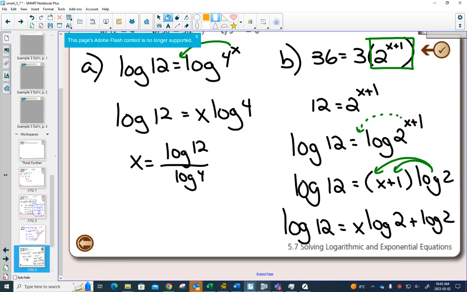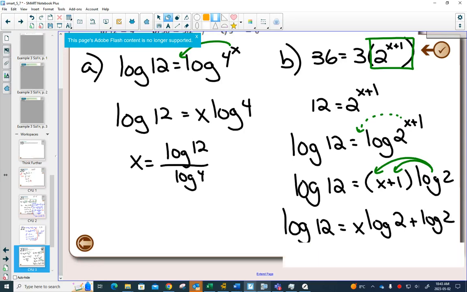And we have successfully got the x out of the exponent. So that's what our log laws do. Log laws solve for exponents, and they allow us to get that x out of the exponent.